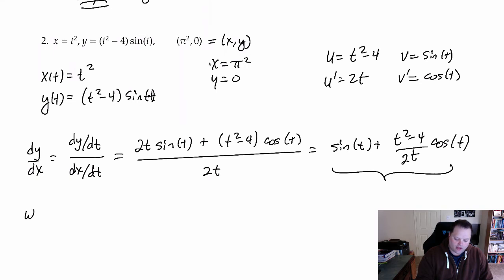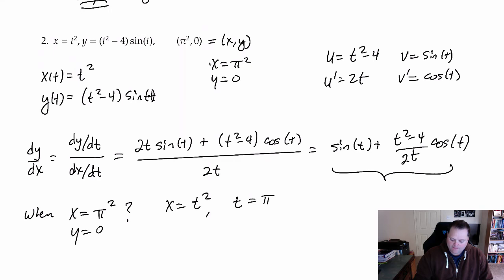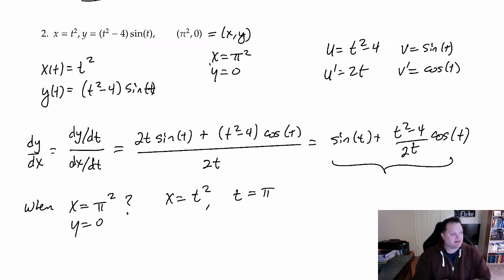So when is x equal to pi squared or y equal to 0? That's what I need to know. Well, if you look, x is t squared, so if t is pi, then it would kind of make sense that this would be right.